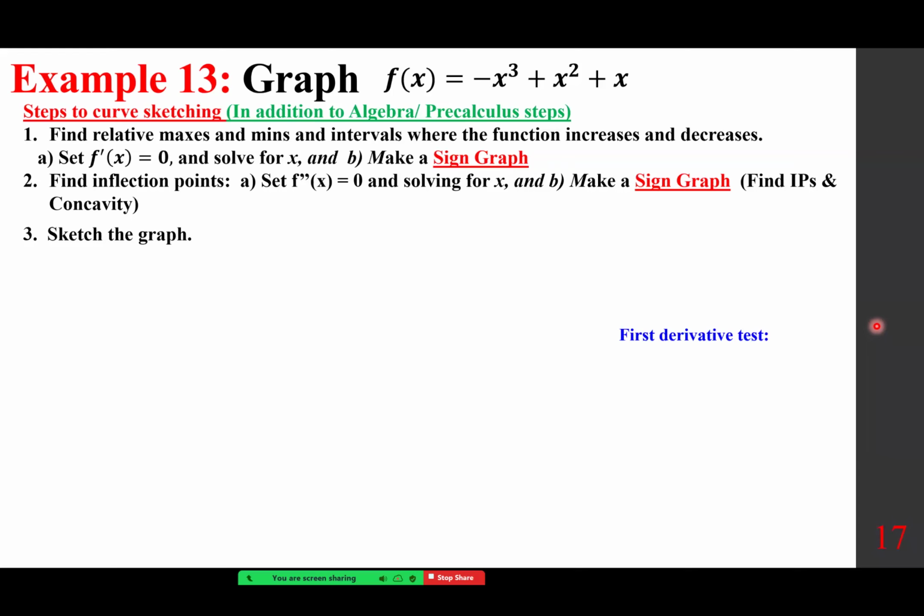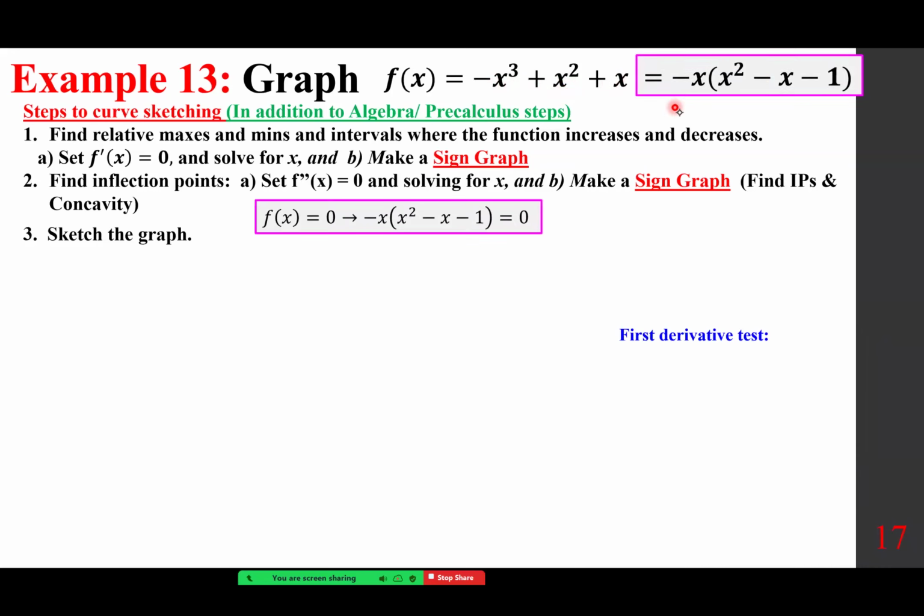So for now, in order to graph it using simply algebra and pre-calculus, let's find the intercepts. I'm going to factor out the negative x. I get x squared minus x minus 1. Let's set this equal to 0. When I do that, x becomes 0, and x squared minus x minus 1 is 0.